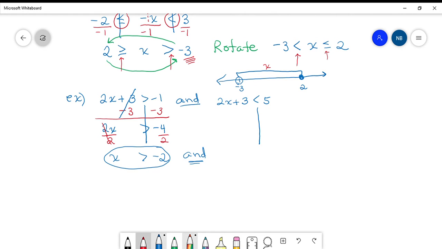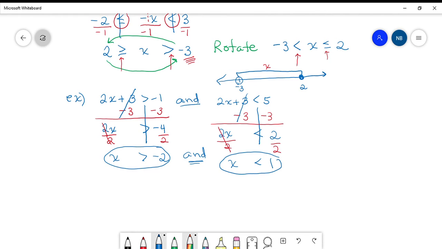Now the other inequality, I solve the same way. I just get different numbers. So I'm subtracting 3 from both sides, leaving 2x by itself is less than 5 minus 3, which is 2. Then I divide both sides by 2 to get x by itself, and that's x less than 1. So x is greater than -2 and x is less than 1.